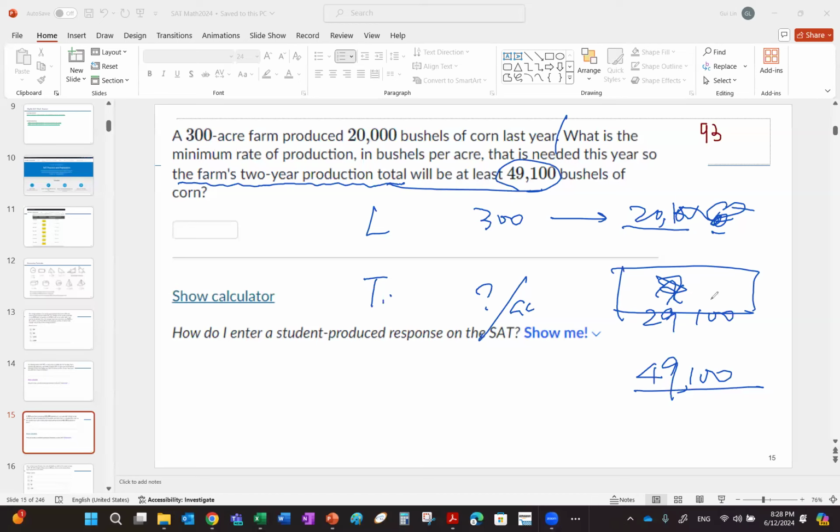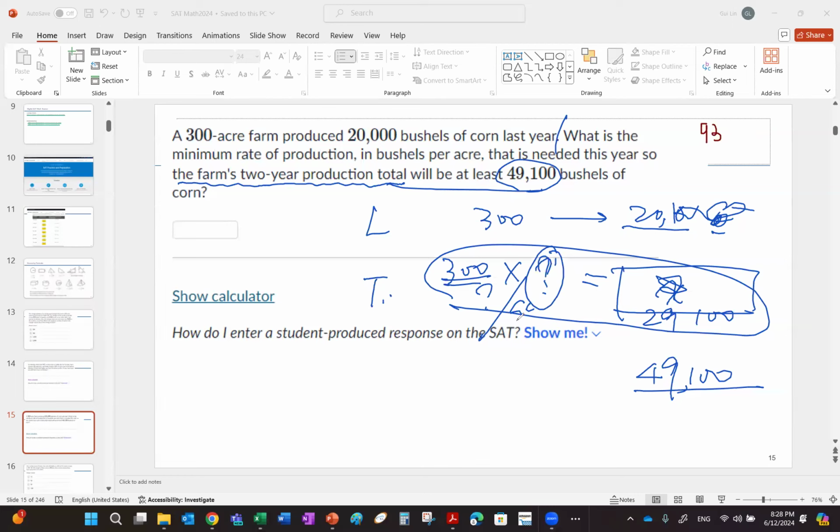So this year, this amount of production on the same 300-acre farm. So it's translated into here. We need to find how much it would be. Someone already put answers in there.